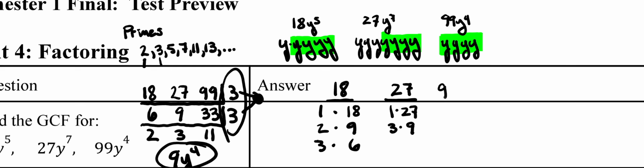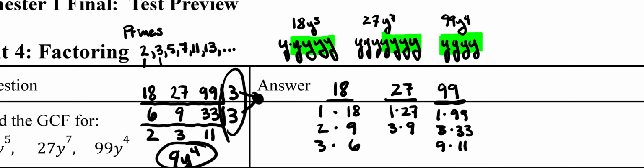And then finally 99, that's 1 times 99. 2 won't go in, 3 will, 3 times 33. 4, 5, 6, 7, 8 won't go in, but 9 will, and 9 goes in there 11 times, and then that's it. Those are all of the factors of 99.